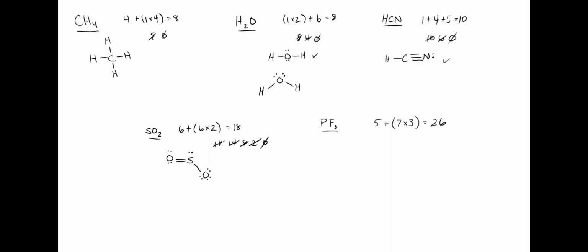What do you notice about all of these numbers? 8, 8, 10, 18, 26. You should notice that they are all even numbers. And that's going to be required for all of our molecules because electrons have to be divvied up in pairs. We will not encounter any cases of electrons as single dots.